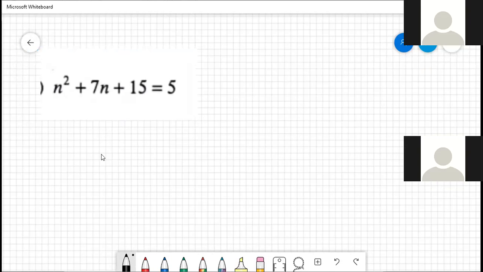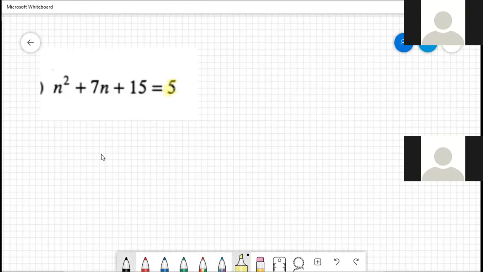So, you have to simplify the n squared, so you would have to get what's on the equal sign to be 0. So this side needs to equal 0, right? Yeah.